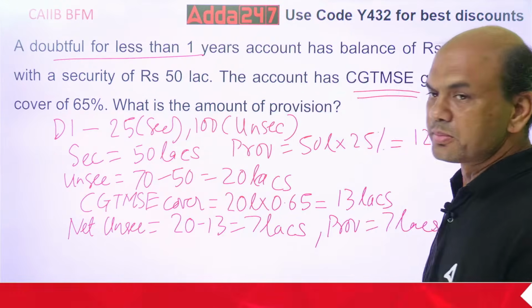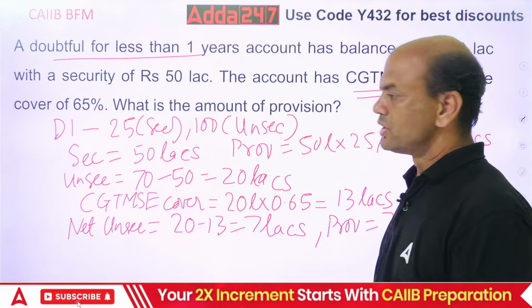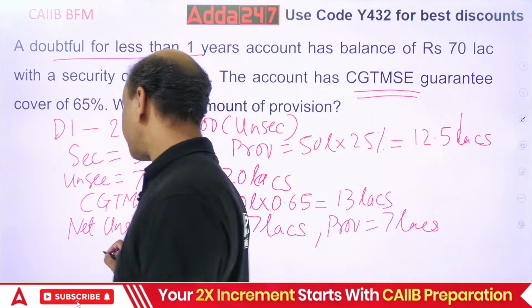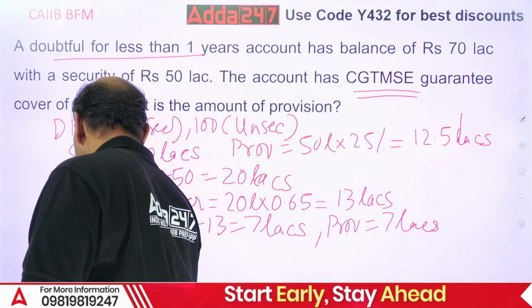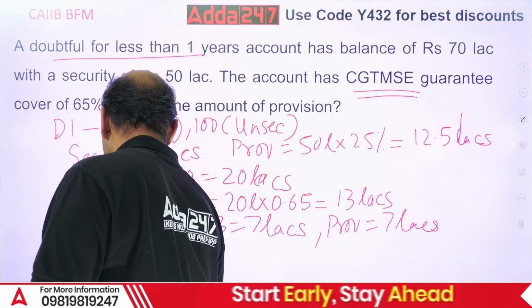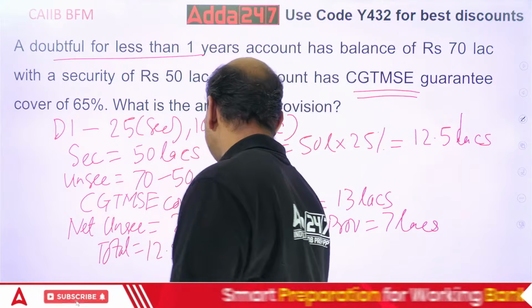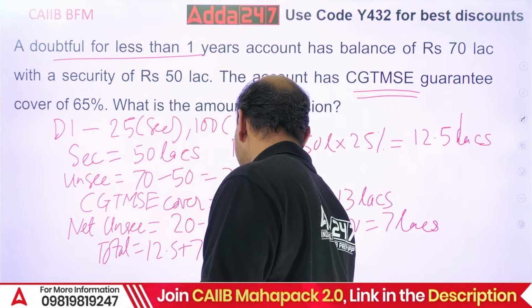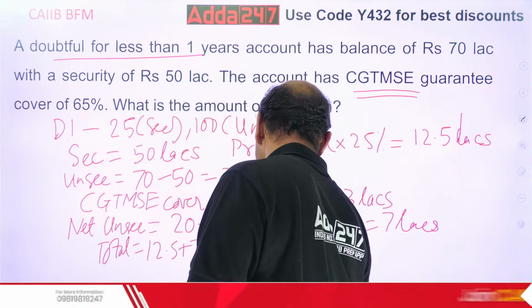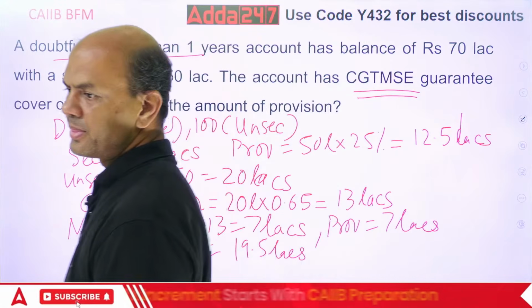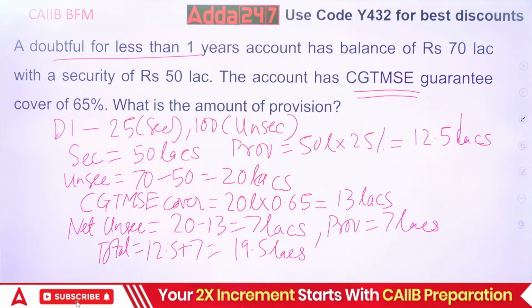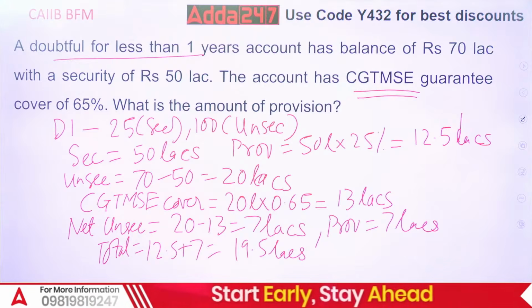So what is my total provisioning now? Total provisioning equals to secured plus unsecured. Total equals to 12.5 plus 7. So 12 plus 7 is 19, 19.5 lakhs.